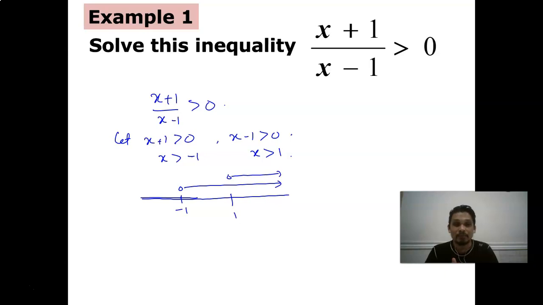But for this case, do you find any term of "and" or "or" in this statement or question here? No, right? There's no term of "and" or "or" here.